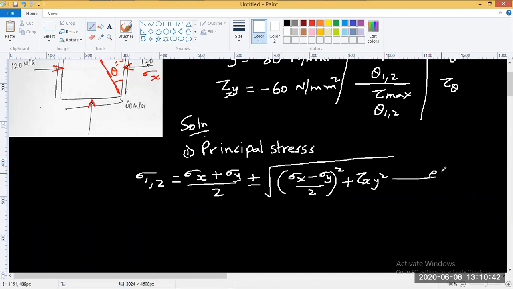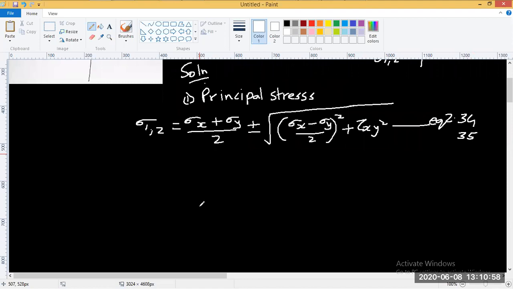So this is given in data handbook, equations 2.34 and 35. Two equations, one below the other. You can directly go for the substitution.